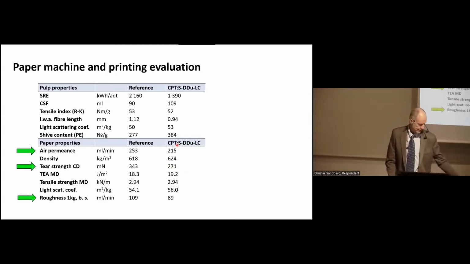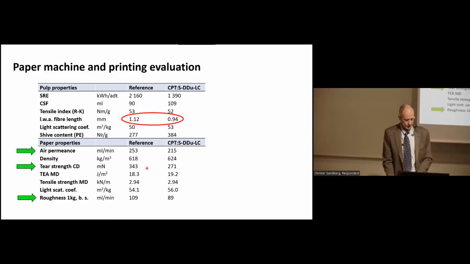But even if the tear strength was lower, as I said, there was no runnability problem. And you can see the reason for the low tear strength: lower fiber length.